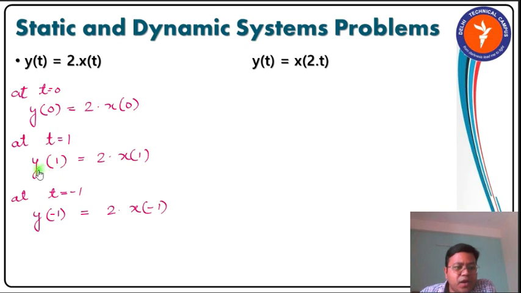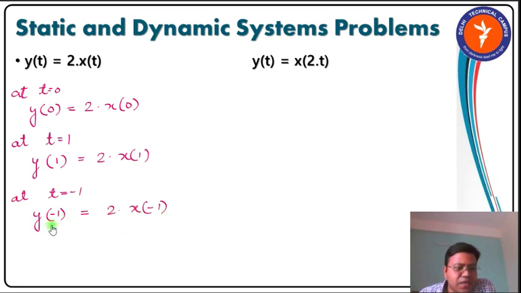Similarly, this equation says that the output at t = 1 is equal to 2 times the input at t = 1. It means the present output is dependent on the present input. And similarly here we have y(-1) = 2x(-1).